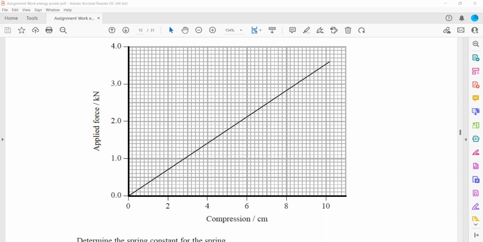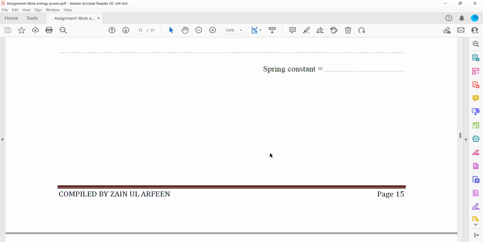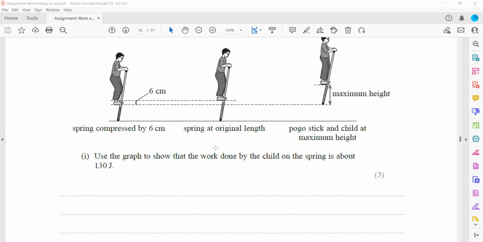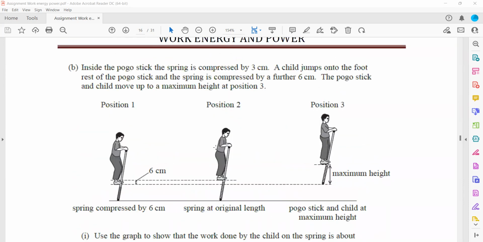So what we have to do, if you read the question, they mention already that inside a pogo stick, the spring is compressed by 3 centimeters. So the spring is already compressed to 3 centimeters. But as the child jumps onto the footrest, the spring is compressed further by 6 centimeters. So we have to find how much energy is supplied, or how much work is done by the child.